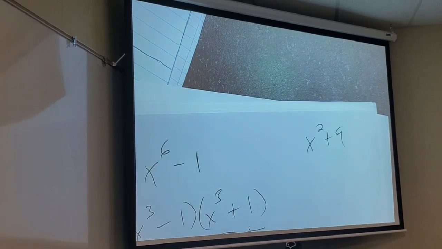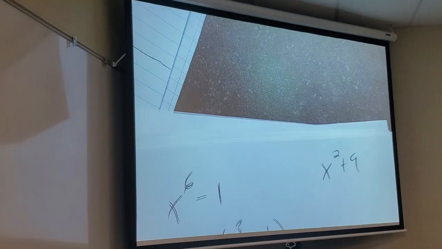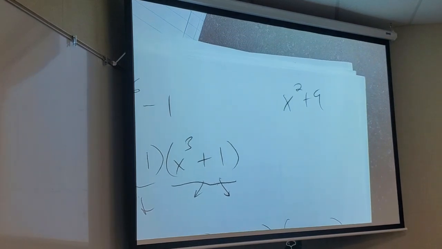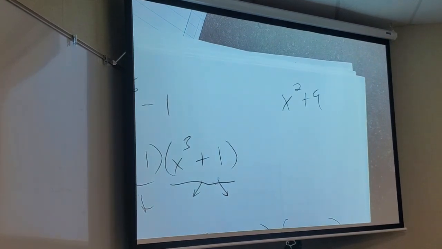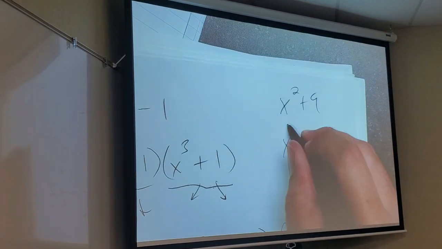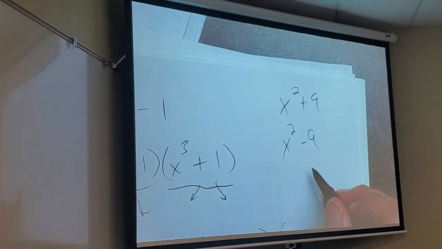Now, we have done both sum and difference of cubes. This is not news. Why does it make sense that things involving squares would have more issues than things involving cubes? What are we actually doing when we do x squared minus 9? Aren't we taking square roots? Right?